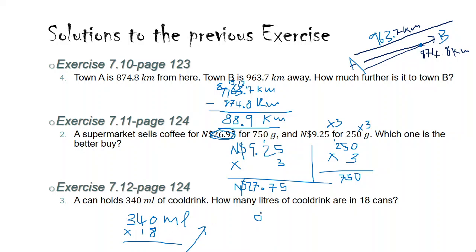Then you write the 2 here, then give away the 3 to the next digit. Then you say 3 multiplied by 8, that is 24. Now 24 plus 3, that is 27. Then you write the 27 here.